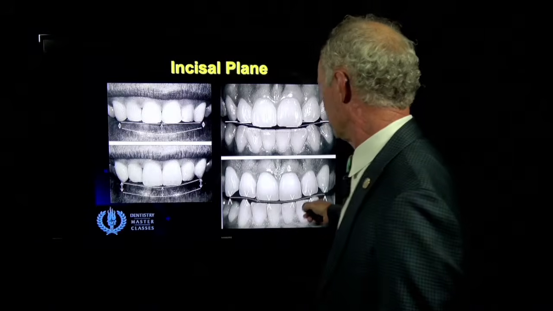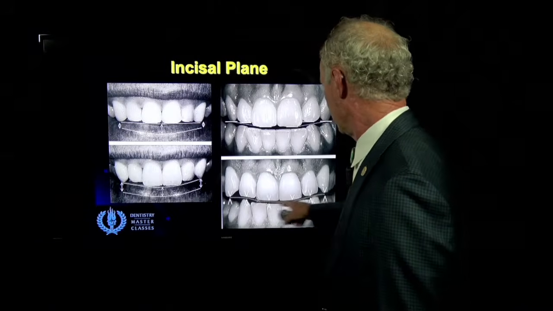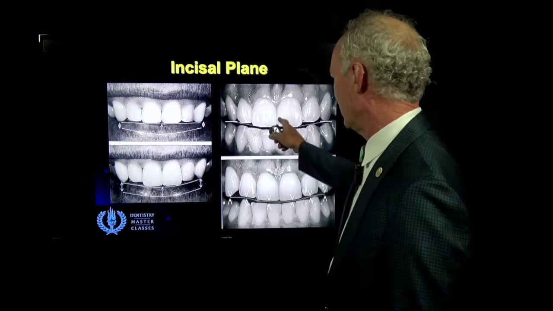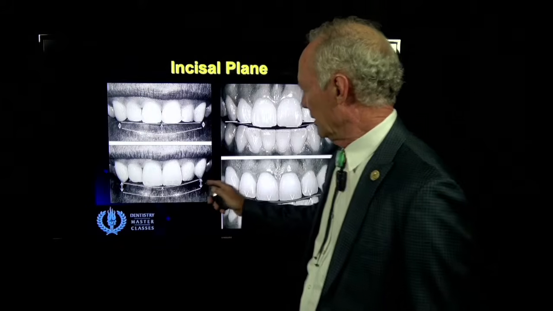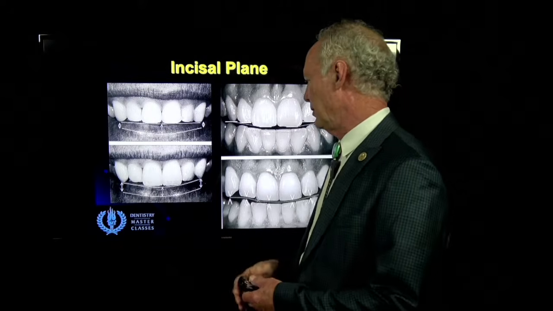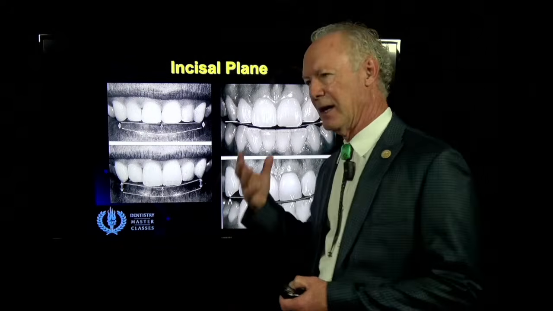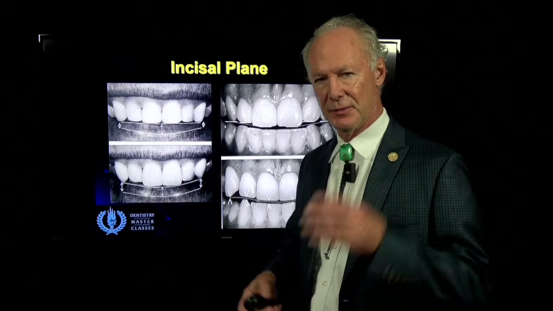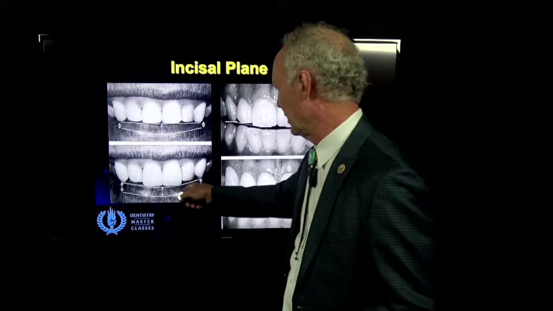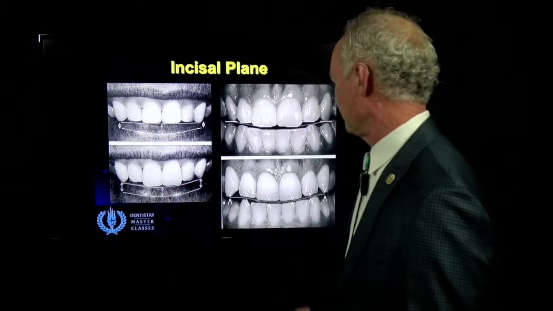These are different incisal planes, but you always want the centrals to be the longest teeth. And depending on the objectives of the patient and how you visualize the patient, a very sexy look is really dominant central incisors, significantly longer than the lateral incisors like this.